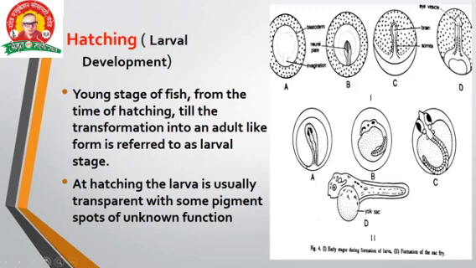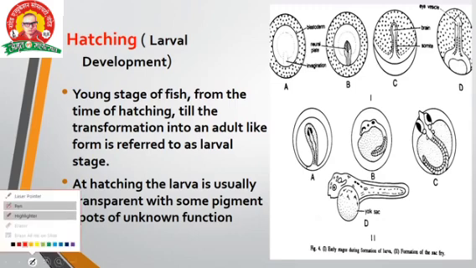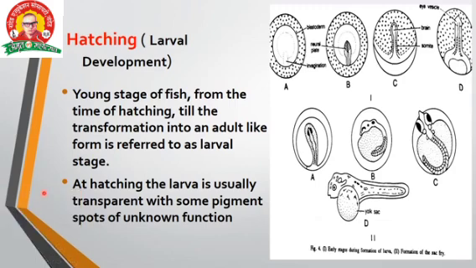Right. Then on my right hand side, A, B, C, D are the early stages during the formation of larva. Then the young stage of fish, that is the larval development.